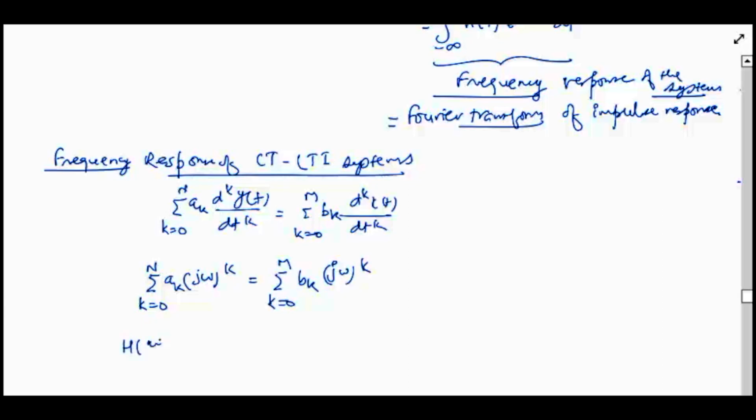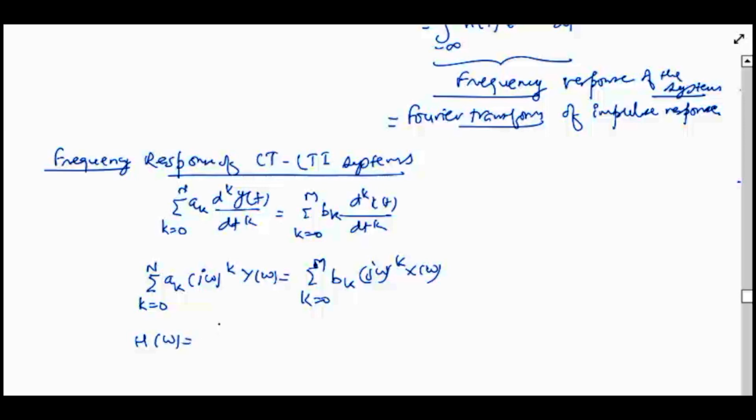From the definition of frequency response, H(omega) equals Y(omega) divided by X(omega), which in turn is equal to the sum from k equals 0 to m of bk (j omega) raised to k, divided by the sum from k equals 0 to n of ak (j omega) raised to k.